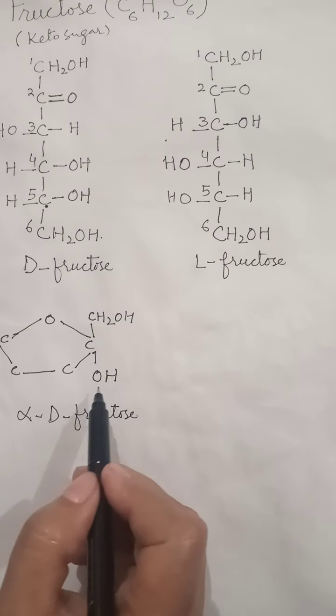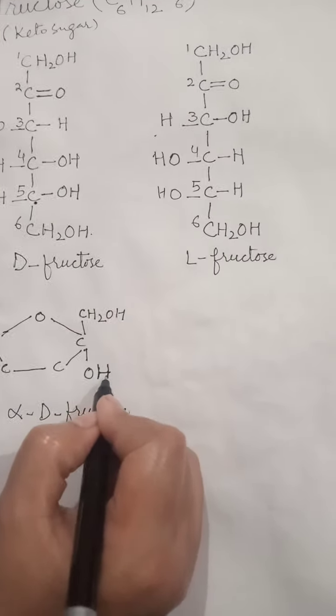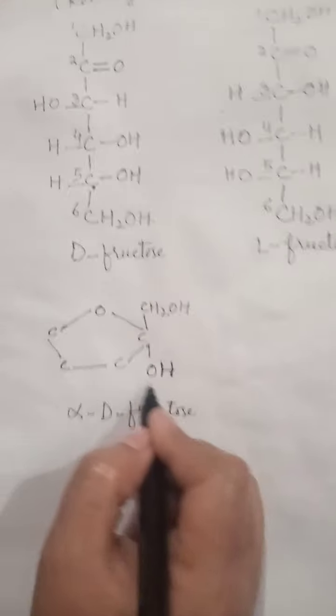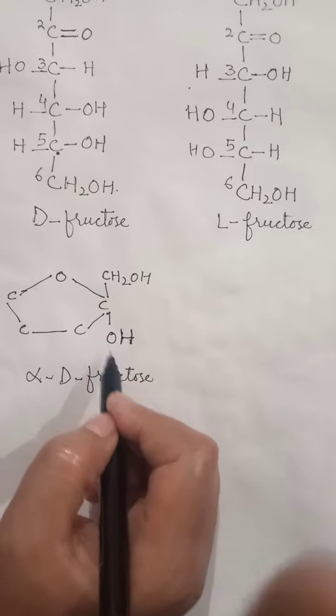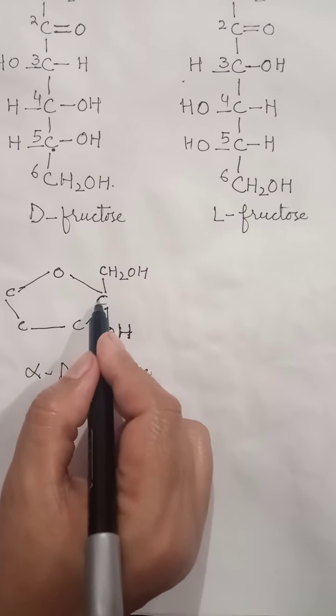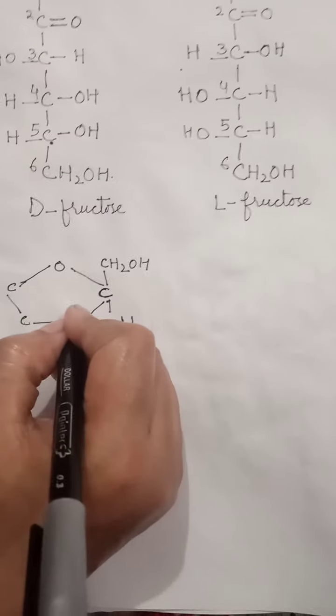As you know, in alpha structures the hydroxyl group on this carbon is in the downward position. So it is alpha D fructose.